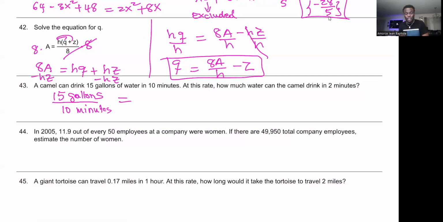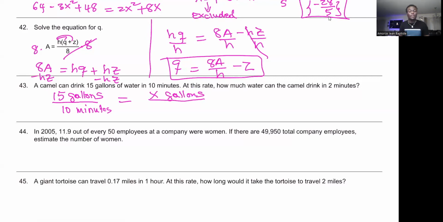Now, at this rate, that's why we can set it equal to how much water. Call it X, so that's X gallons that I don't know yet, but I'm going to find it because you see how gallons is on top here as well, because that's what they want me to find.